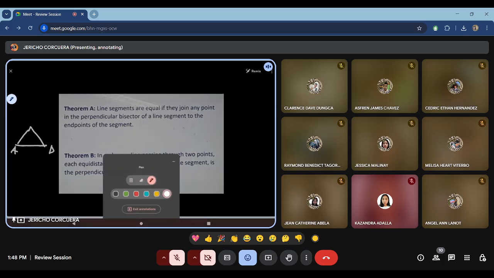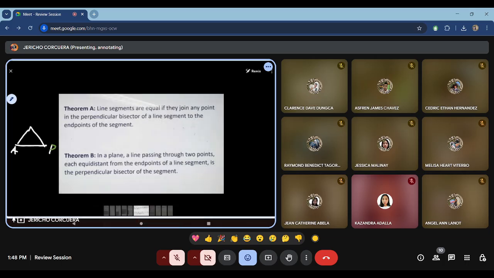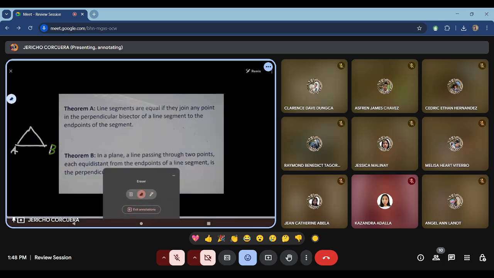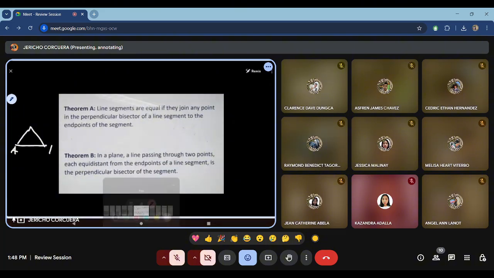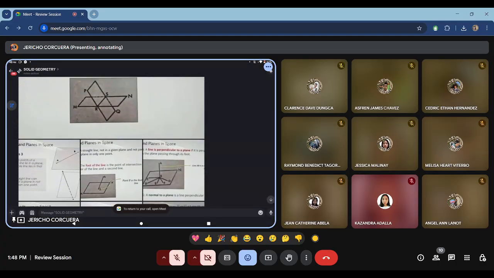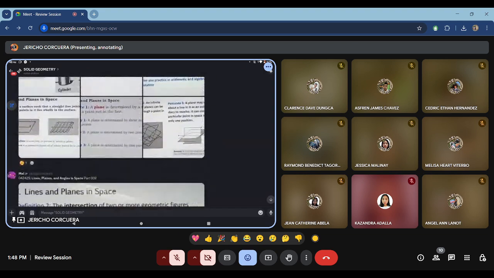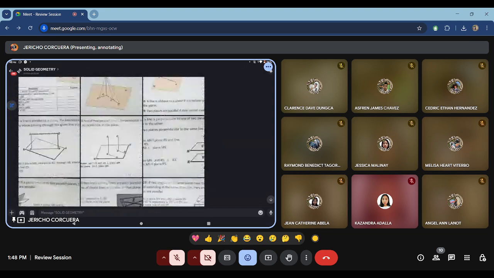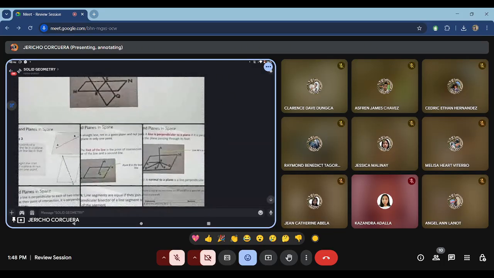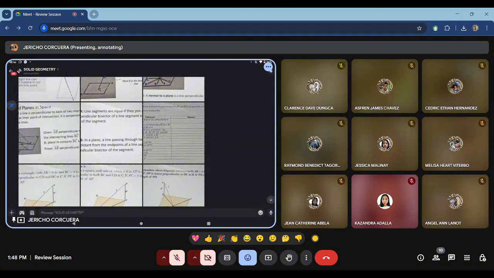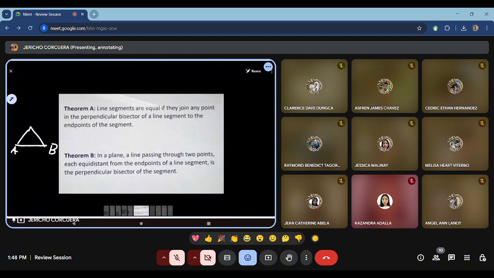Di na naman. B dapat. Mali. Nawala siya. Wait.